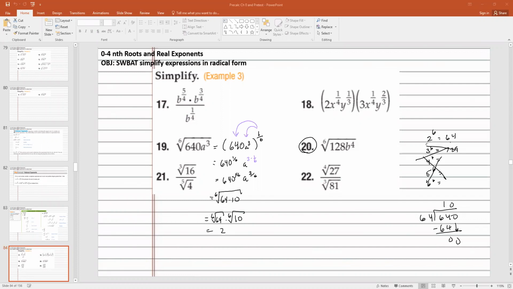How'd you get 2? It's right there. 2 times the 6th root of 10. And here, we're done with that. Yay. And here we have that 3 divided by 6 power. So 3 divided by 6 is 1/2, sorry. So it's 1/2.